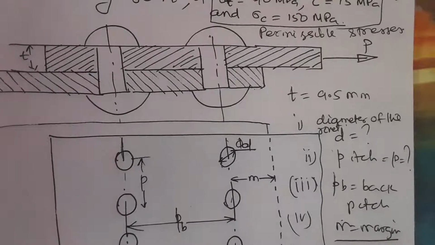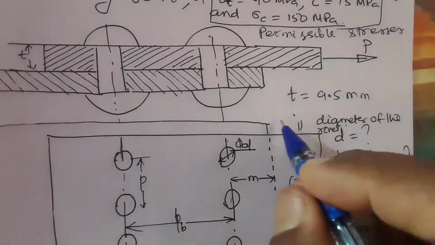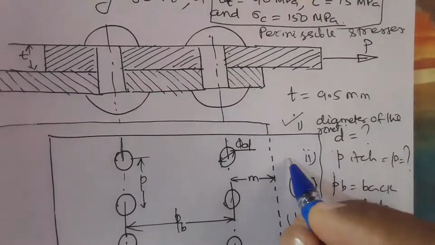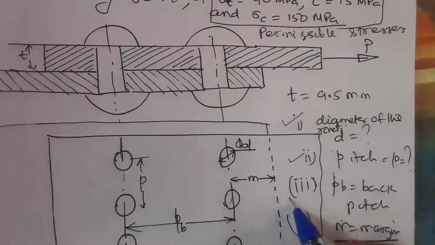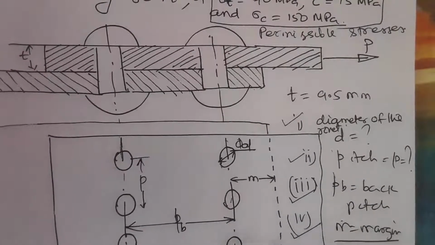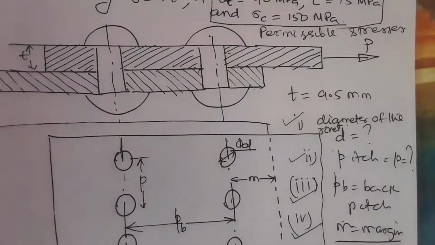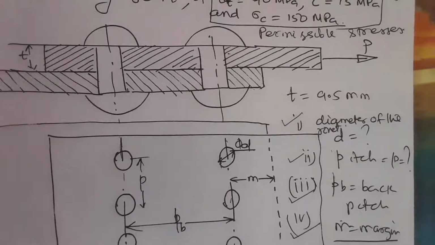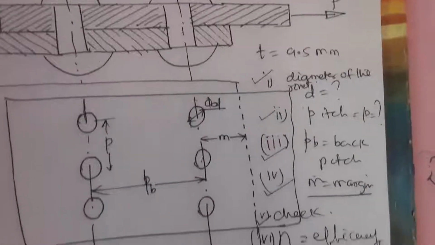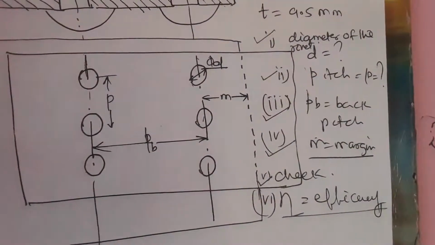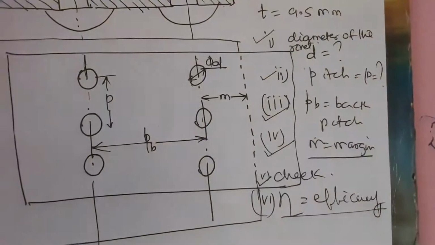These are several steps: first to find the diameter, second the pitch, third the back pitch, fourth the margin, and fifth to check the different conditions, that is the shearing condition, the tearing condition, the crushing condition and the margin failure condition, and out of that we find the efficiency. These are the total parameters. If we know them, then we can do the complete design of the joint.